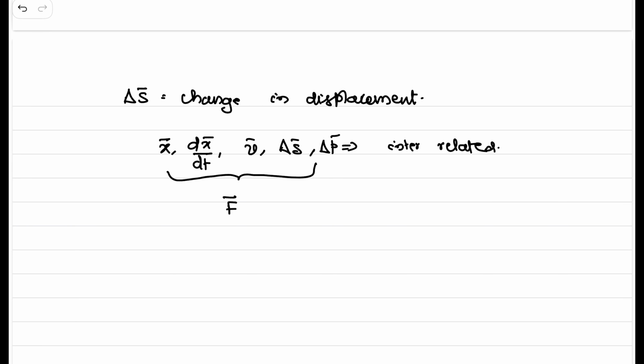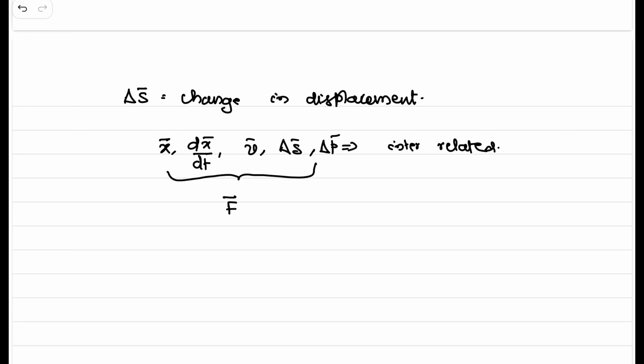Now you understood the concept behind what is the positional vector and why rate of change of positional vector has to be studied. And when you study the rate of change of positional vector, how it is going to affect the velocity vector and how it is going to affect the momentum.